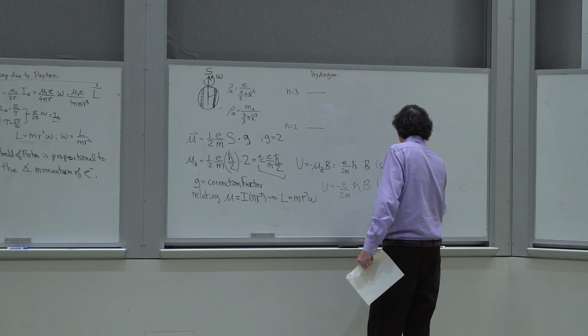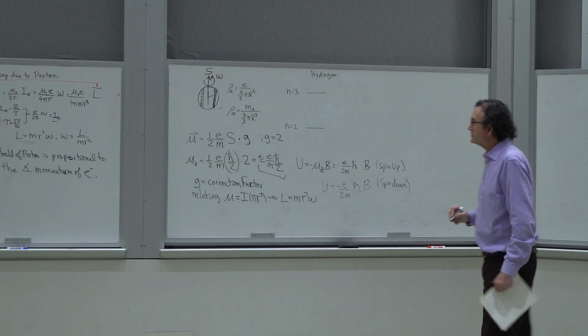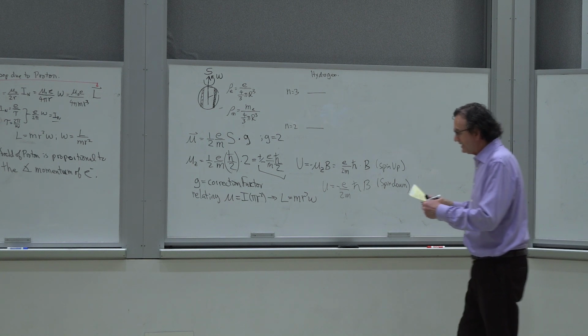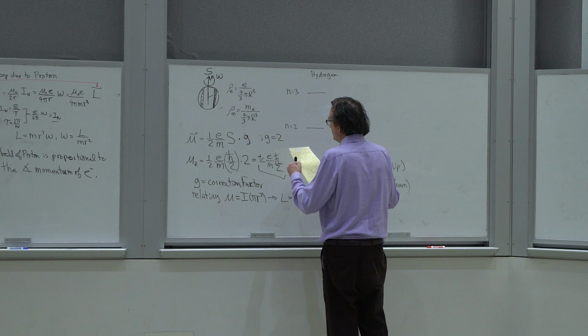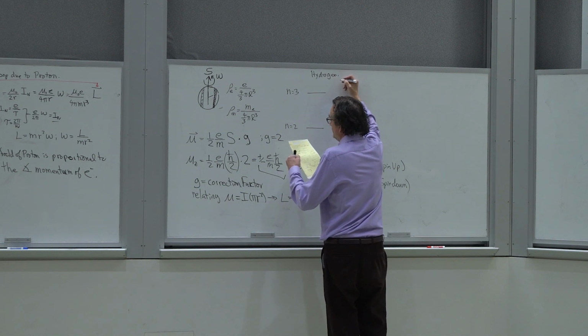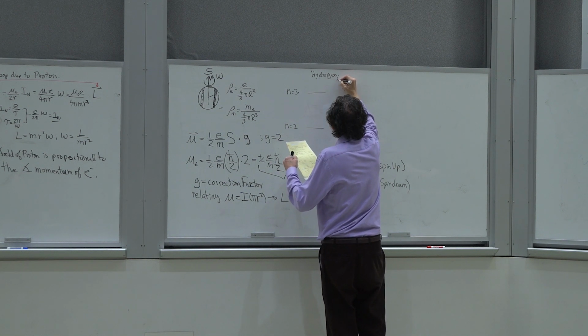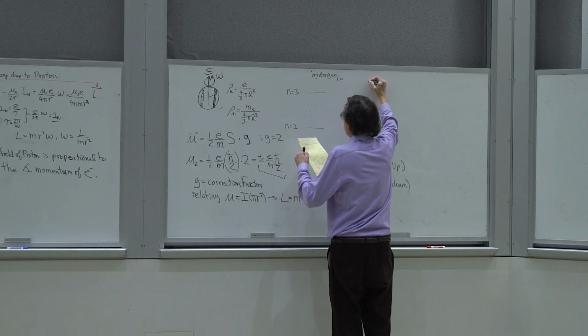Okay, so now what happens is that in the n equals 2 or n equals 3 level, I'm going to look at particular cases, one in which this is L equals 1, and this is L equals 2 over here.